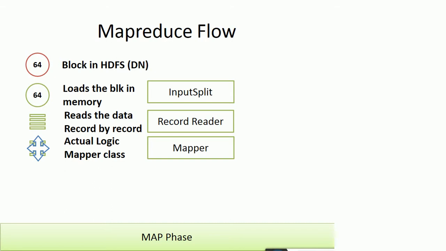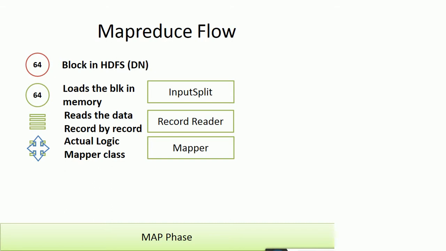Let's say we have 10 lines, so each line can be a record. Let's say we have 10 files, so each file can be a record. How to define a record is a different thing, but with some mechanism the record reader will read whatever number of records are present in that block, one by one, and as soon as it reads, it passes that record to the mapper.